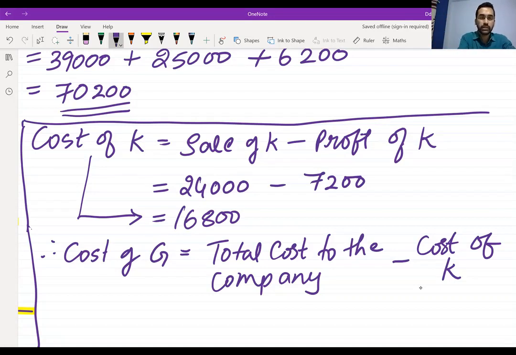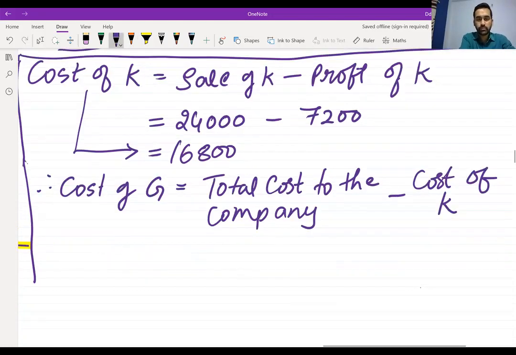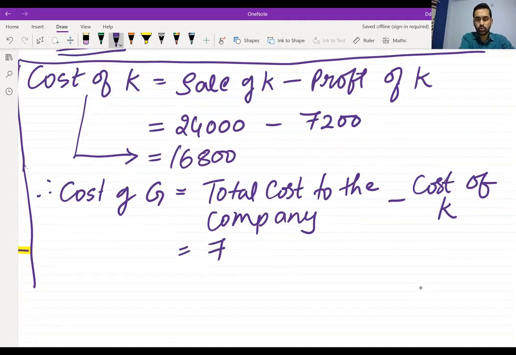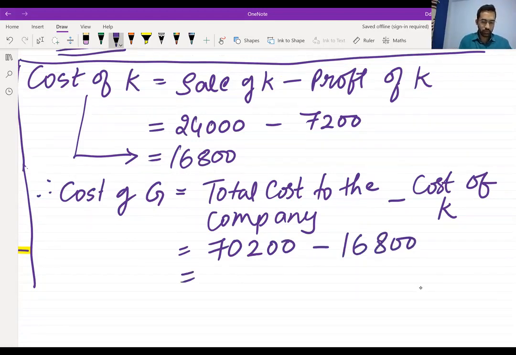Yes. How much is total cost of the company, sir? Here I'm highlighting 70,200, 70,200 minus cost of K 16,800. So if you do that, you will get 53,400.